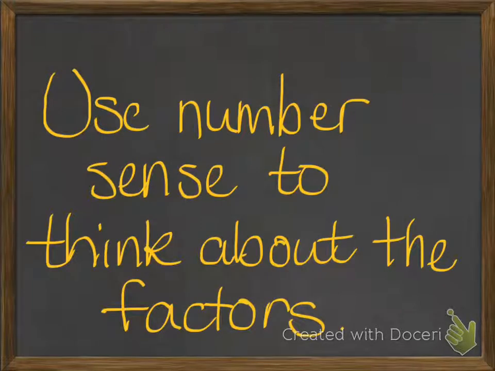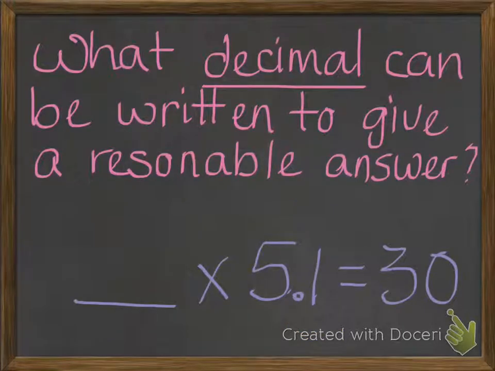Now we're going to be using number sense to think about the factors. Before, we used number sense to look at the product. Now let's look at the factors. Our question says, what decimal can be written to give a reasonable answer? We're missing one of the factors here in this problem. Some number times 5.1 equals 30. So we have to have a factor with a decimal in it. Well, 5.1 is really close to just 5.